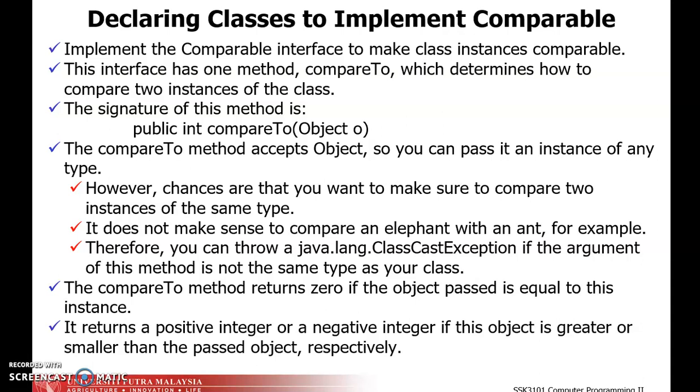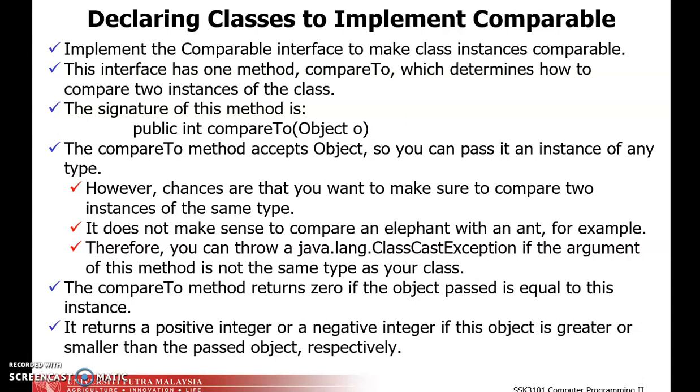As you can see in the following statement, the compareTo method is of integer type and requires an object as the input parameter. The method will accept objects, so you can pass it an instance of any data type, making sure that the objects being compared are of the same data type. We don't want you to compare two different data types, like comparing an elephant with a bus or lorry.